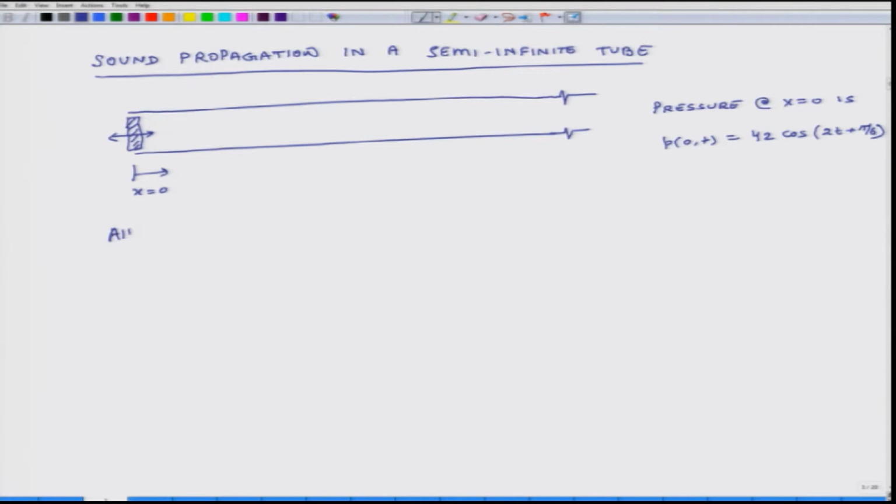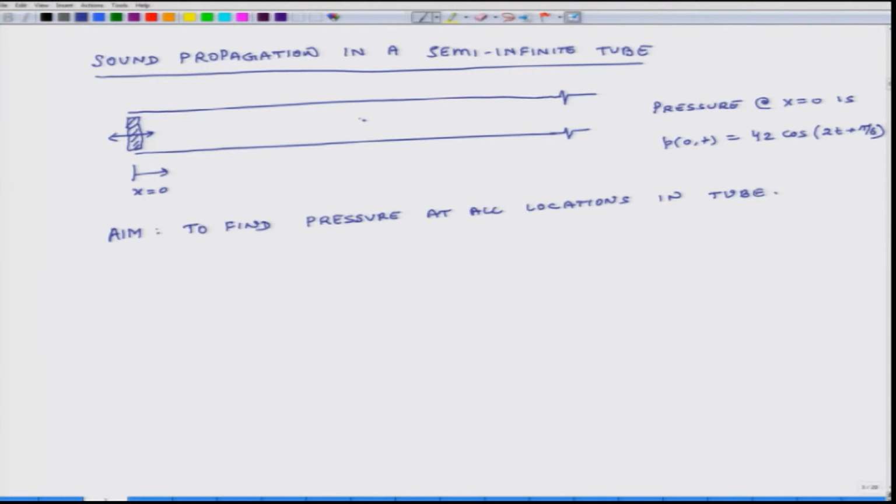Our aim is to find pressure at all locations in the tube.